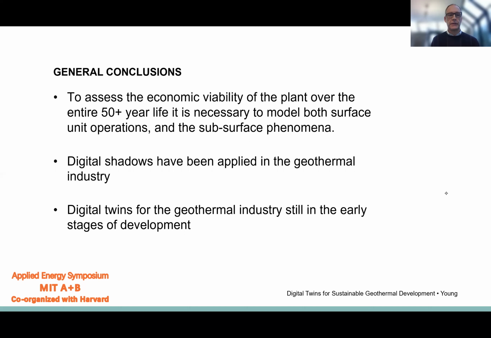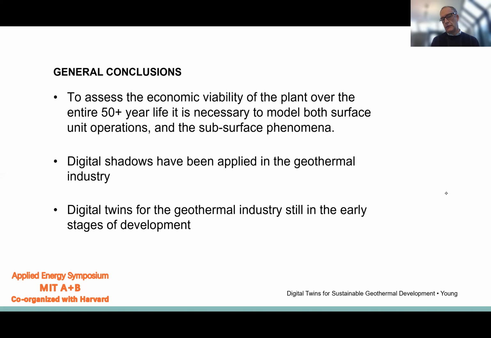Overall conclusions are that we could use it to help with the economic viability of the plant over a much longer time span, and we've described very briefly the application of digital shadows, if you will, to the geothermal industry in New Zealand, and point to how they could be used.